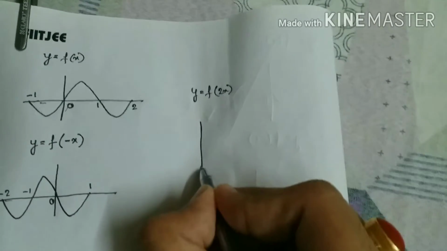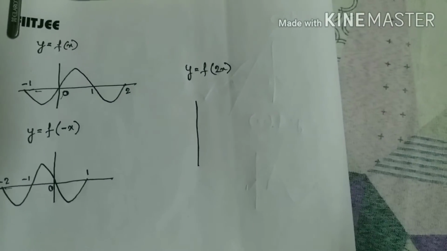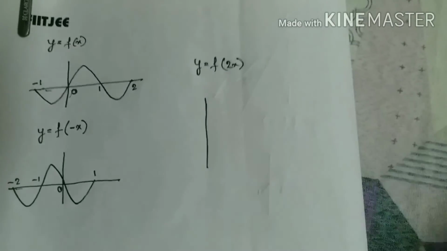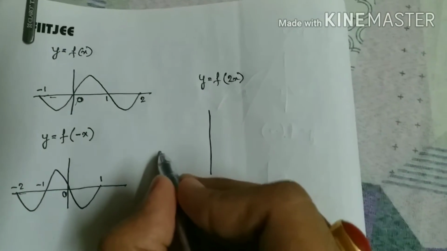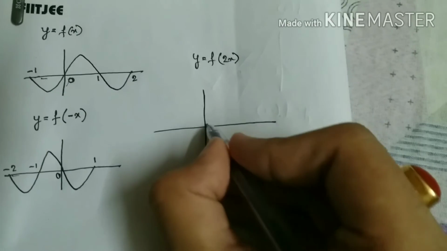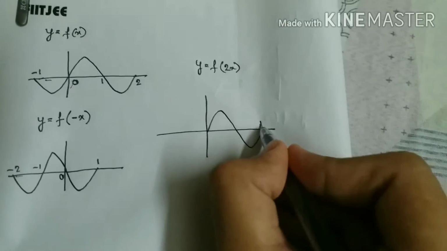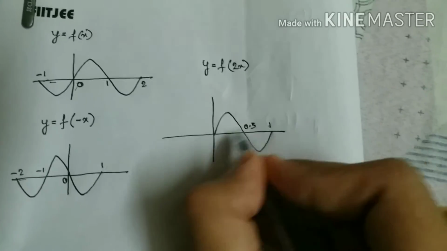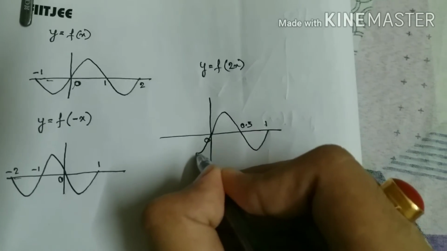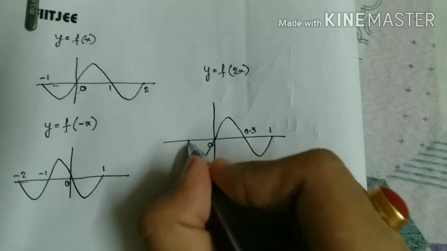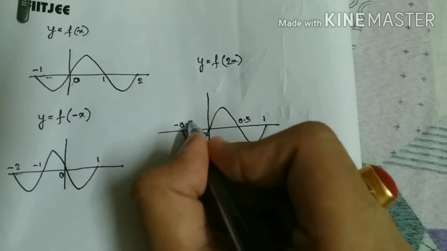So the distance which was 1 will now get reduced to 0.5. 2 will get reduced to 1. So let's draw the graph here. Now this will be 1, this will be 0.5, 0, minus 0.5.